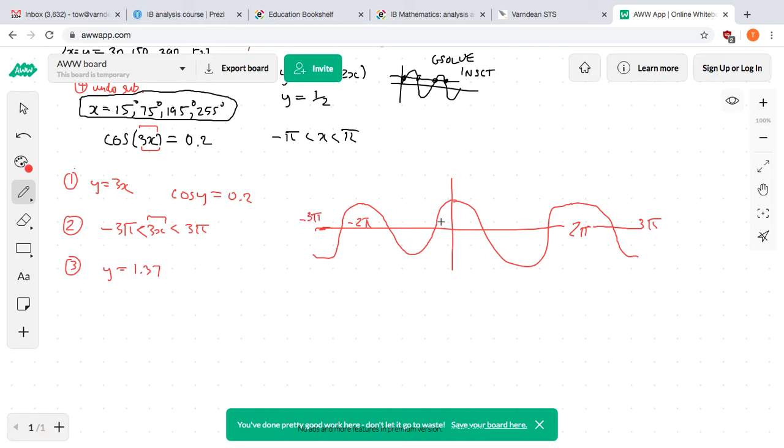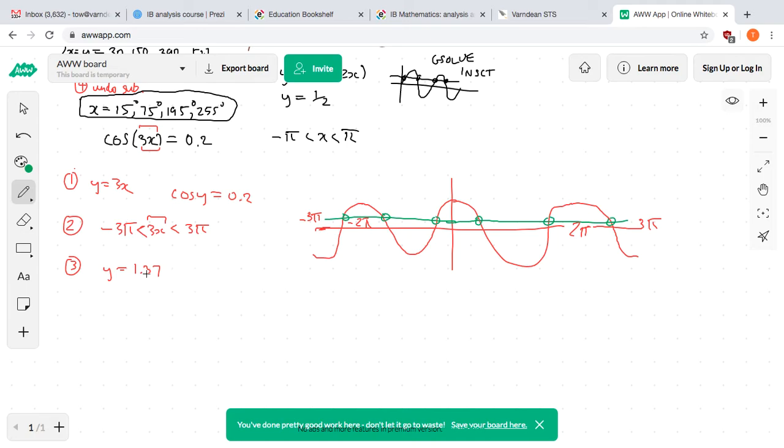So I did this cos graph, but I just extended it in both directions to fit with the new range. And we're looking for 0.2. We're expecting to find answers here, here, and here, and also the negatives.